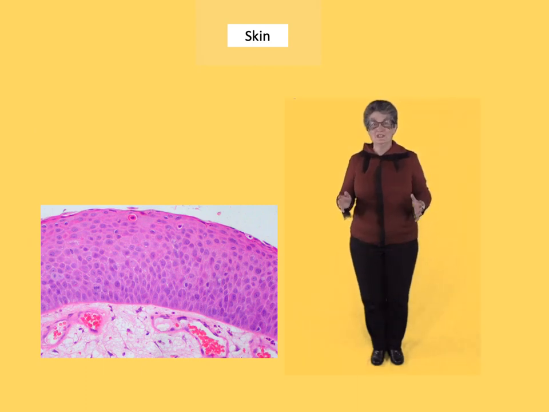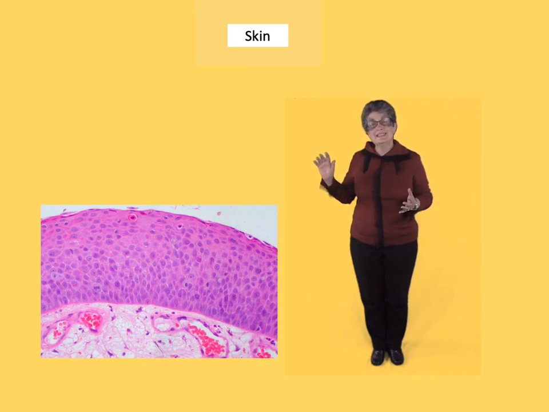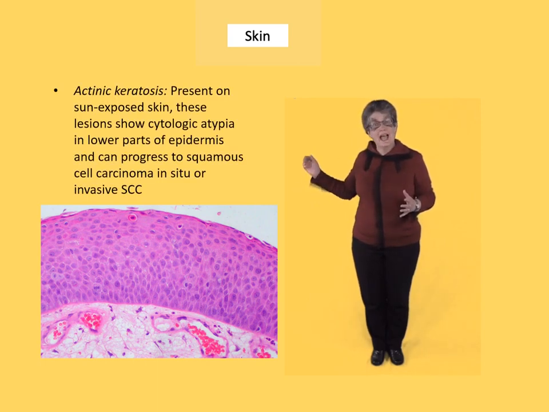Here in New Zealand, we are blessed with plenty of sunshine, and we didn't used to use sunscreen. So people of my age have plenty of actinic keratoses, particularly on the sun-exposed parts of their skin. What is an actinic keratosis? Well, it's when DNA damage happens to the basal cells in the epidermis and they proliferate abnormally.